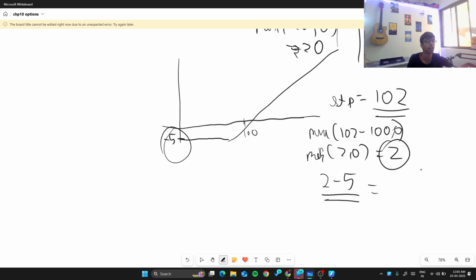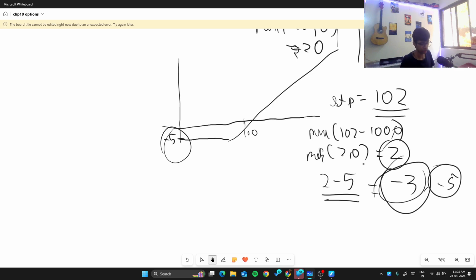We will be at a net loss of $3. Somebody said that we should not exercise it. But if you think carefully, a loss of $3 is better than losing $5, right? So that's why we should exercise it, and sometimes we don't earn profit because of the premium.